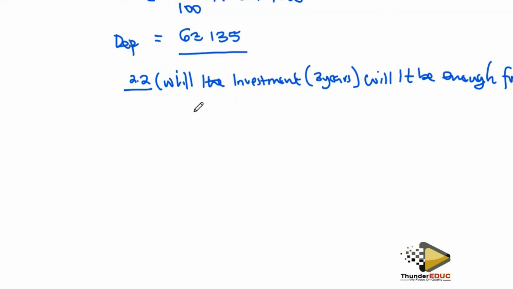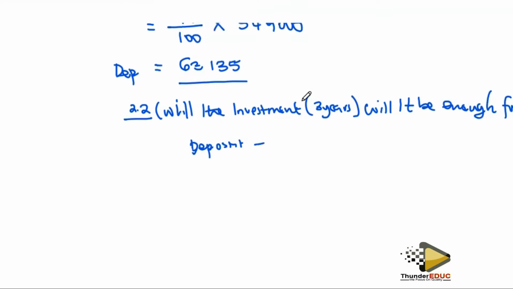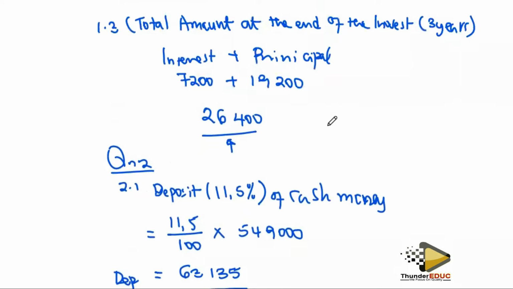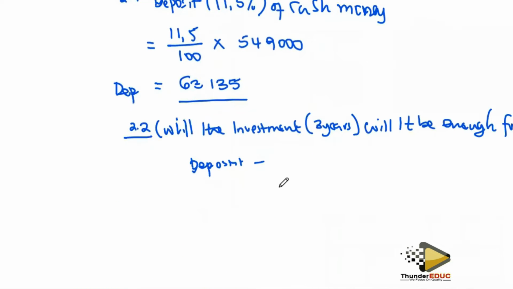So all you have to do is get the needed deposit minus the investment, the accumulated amount of money.